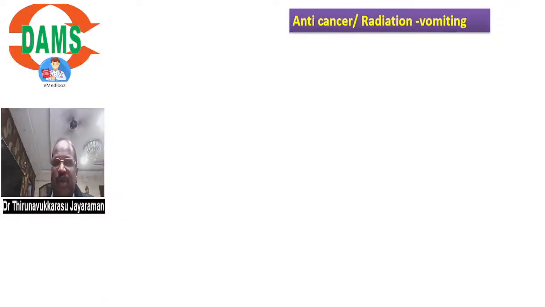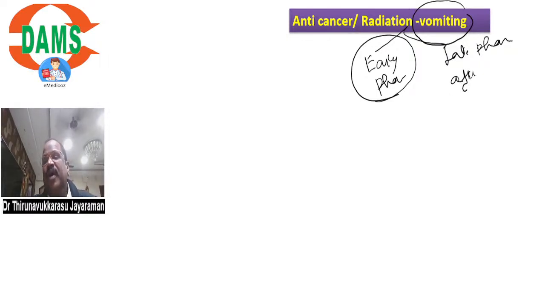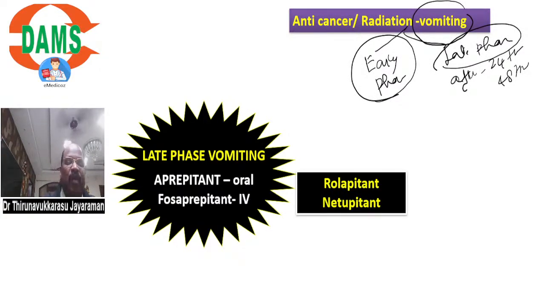And one more point you should know: vomiting in a chemo patient can be early phase vomiting or late phase vomiting. Early means vomiting immediately following chemo. Late phase means vomiting after 24 hours or after 48 hours. For late phase vomiting, the best anti-emetics are aprepitant, fosaprepitant, rolapitant, netupitant.